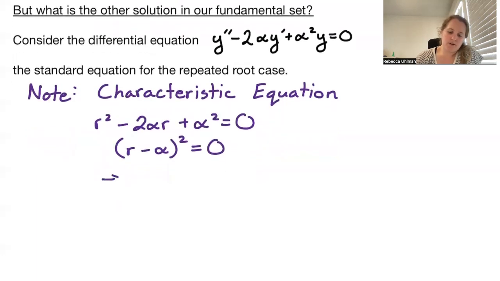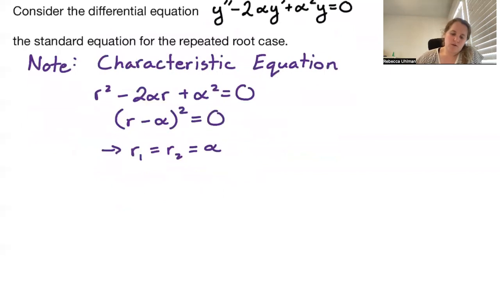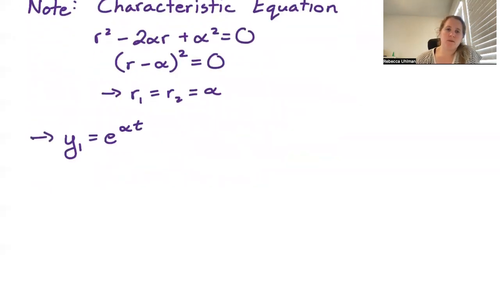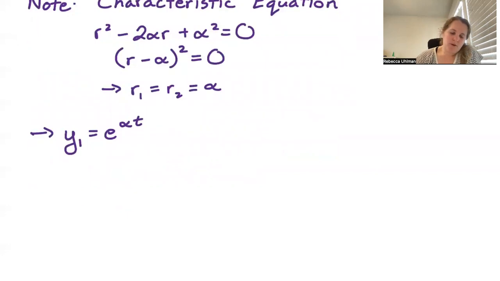And so we get r1 equals r2, both equaling alpha. So what this means is we have y1 is equal to e to the alpha t. Now we're going to find y2.